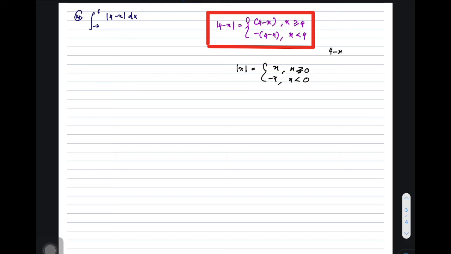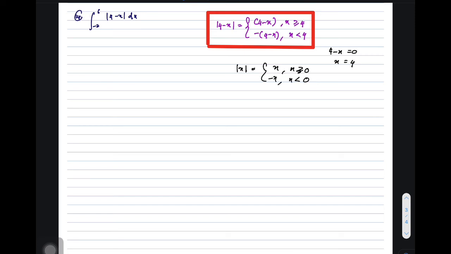When 4 minus x is equivalent to 0, then x is equivalent to 4. So the values depend on whether x is larger than or equal to 4, or less than 4. It is equivalent to 4 minus x when x is larger than or equal to 4, and equivalent to negative of 4 minus x when x is less than 4.